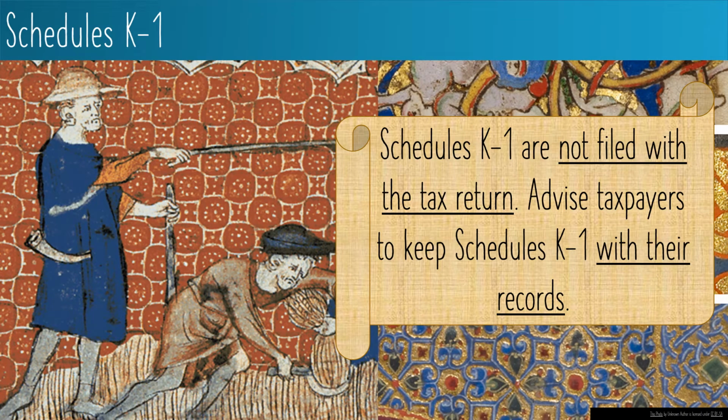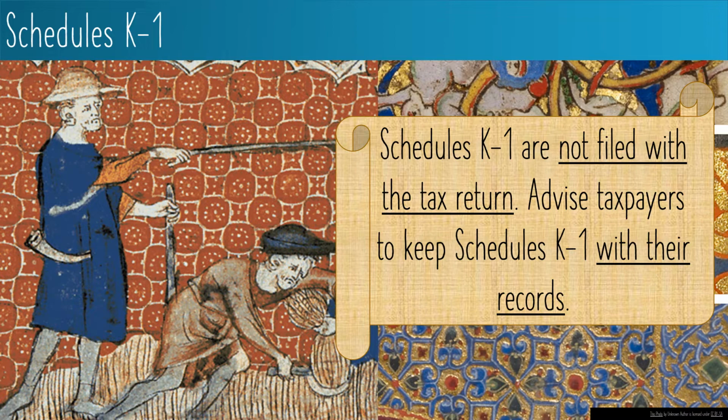Unlike the W-2s or the 1099-Rs or other 1099s, the Schedule K-1s are not filed with the tax return. So the IRS wouldn't be expecting to get a copy of the K-1 with the taxpayer's return.